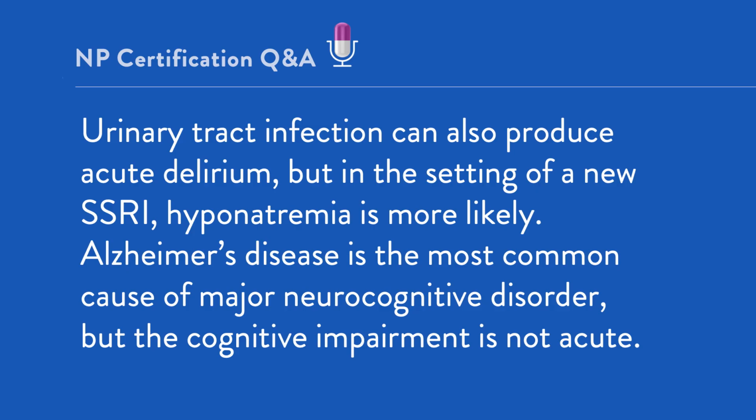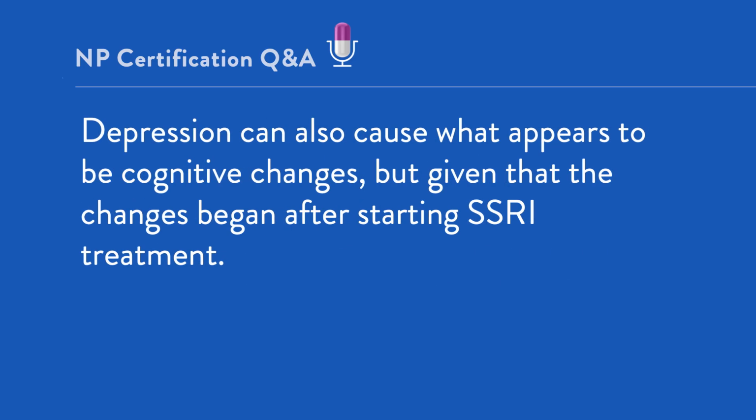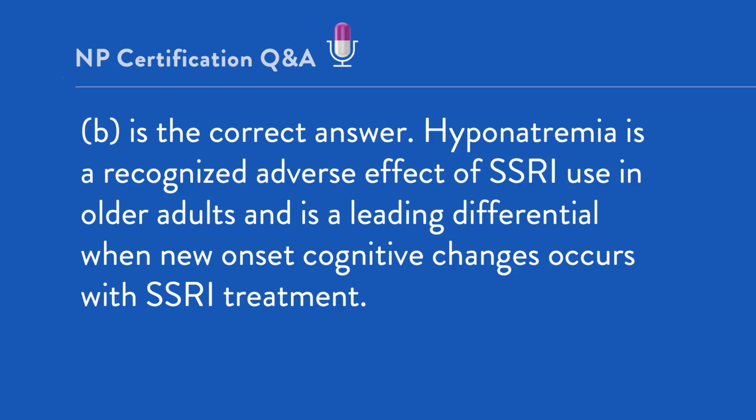And even your final choice here, depression. We know, of course, that a depressive episode can mimic a cognitive dysfunction in an older adult. So any of these are possible, but the best answer to the question is the hyponatremia.